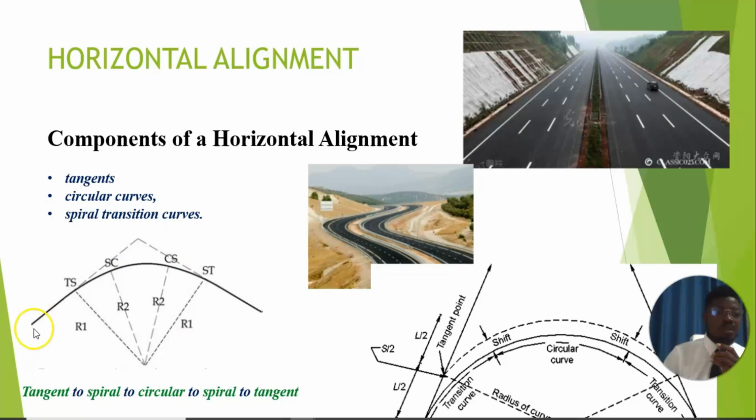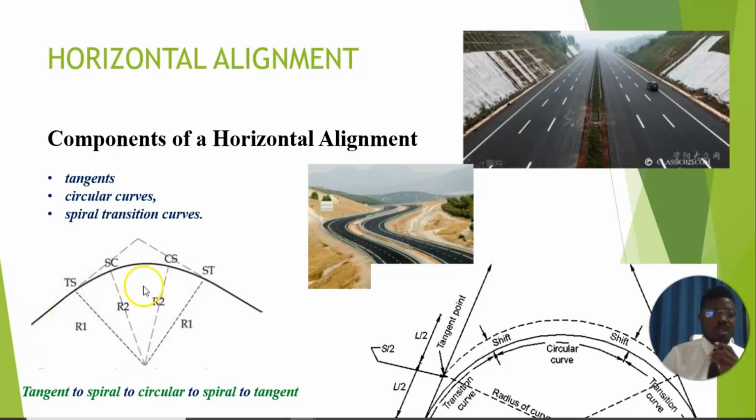We can see from the beginning point here, it can be a tangent. From there we have tangent to spiral. Then after moving from tangent to spiral, we have spiral to circular. Then we move from circular to spiral, then spiral to tangent, which is a straight line, and goes again.